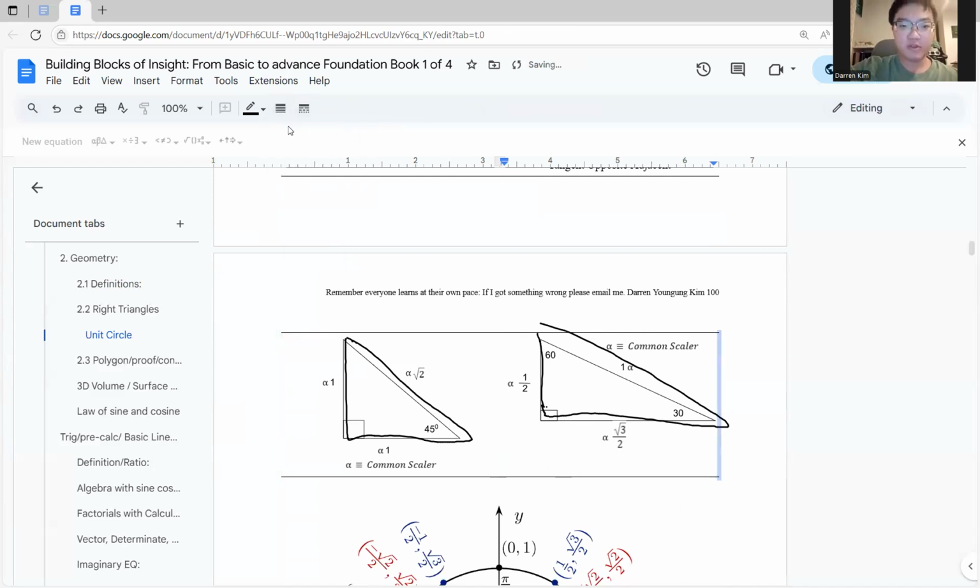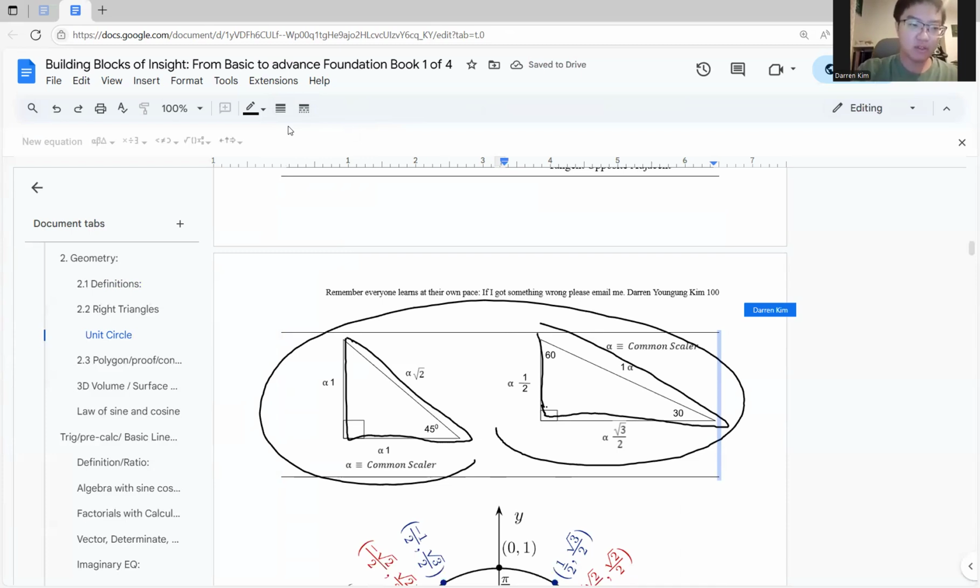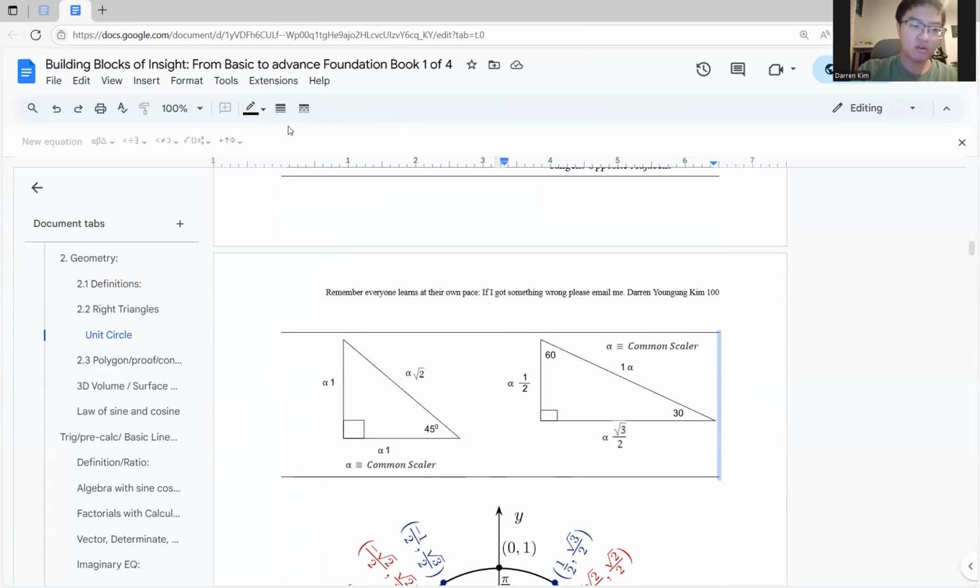So these are famous right triangles. I put them there because honestly, there's no practical use for them in the real world. I have never seen someone say, "Give me a 30, 60, 90 triangle. Give me a 45, 45." I've actually seen 45, 45 in beams, but 60, nah, I haven't seen that.